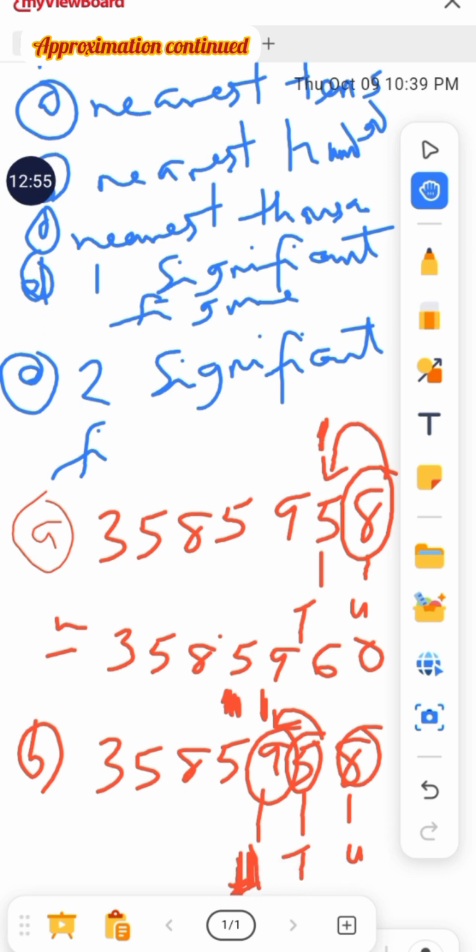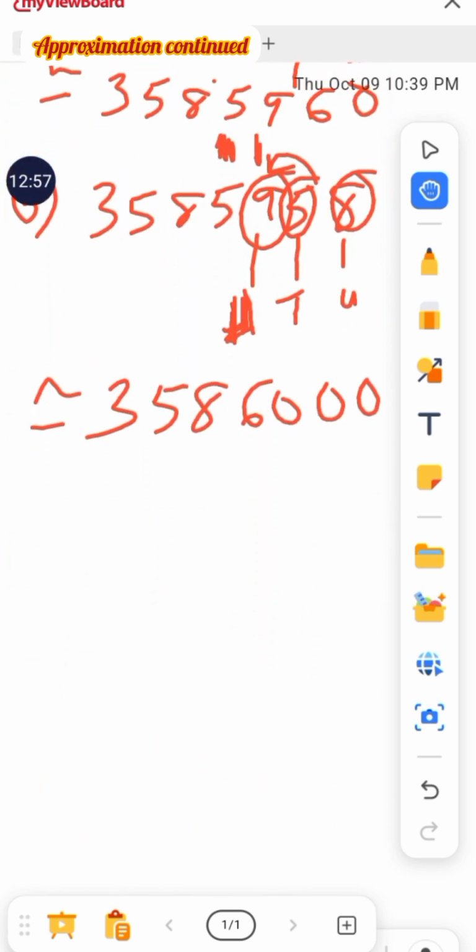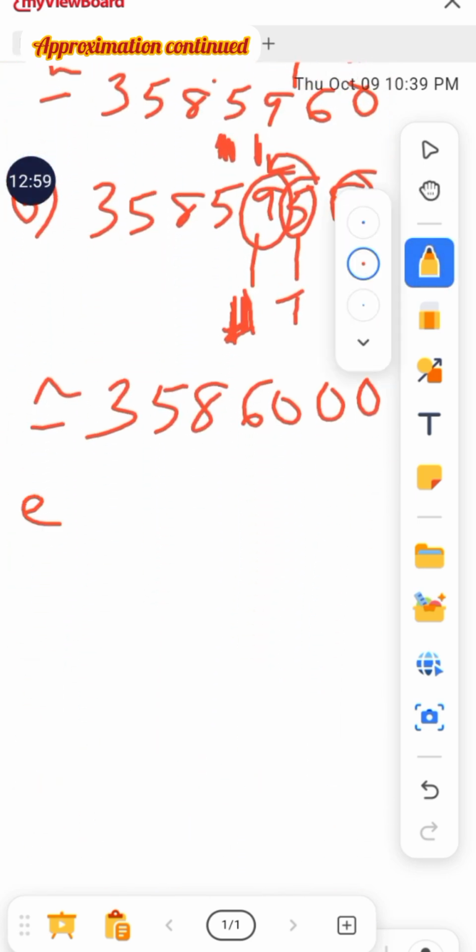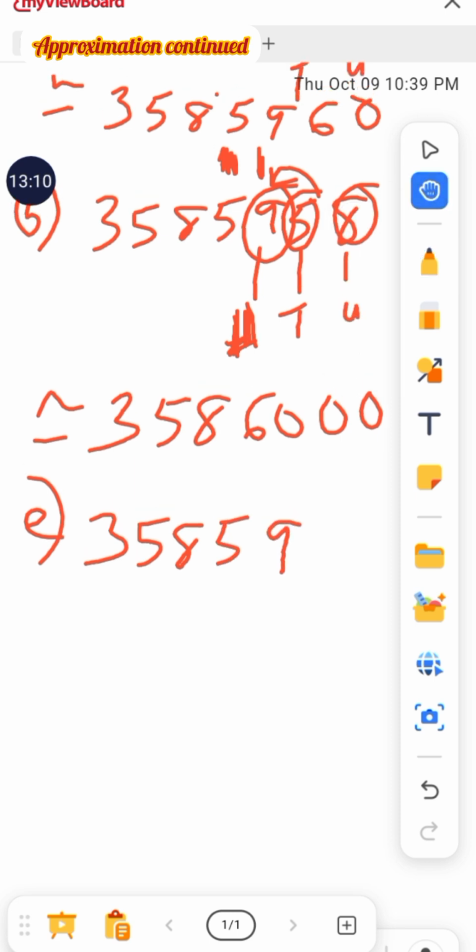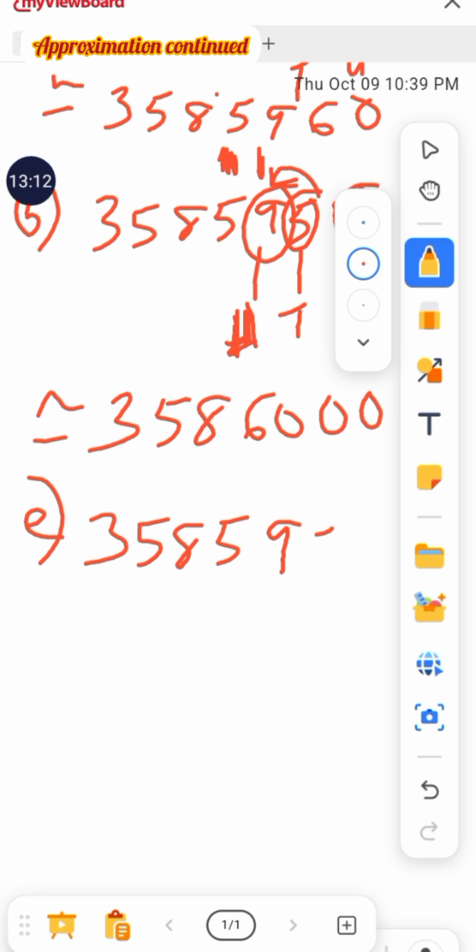Let's look at the next one. One significant figure. Yes, I want you to pay attention to what one significant figure looks like. So 358595, let's see what 958. I want to approximate to one significant figure. What do you mean by one significant figure?